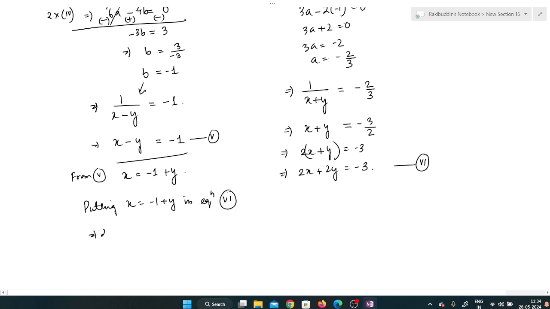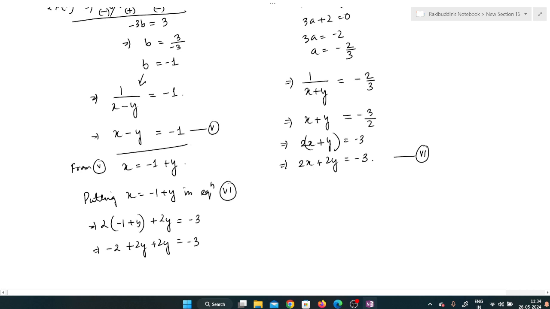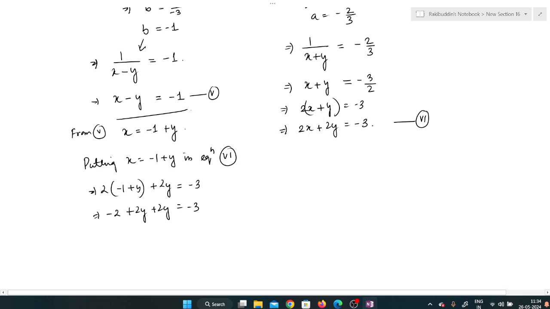So it will be 2 times minus 1 plus y, plus 2y is equal to minus 3. It will be minus 2 plus 2y plus 2y equals to minus 3. Here it will become 4y equals minus 3 plus 2, minus 1.